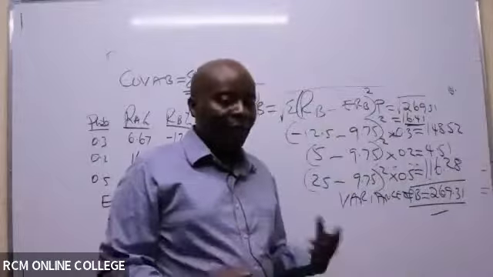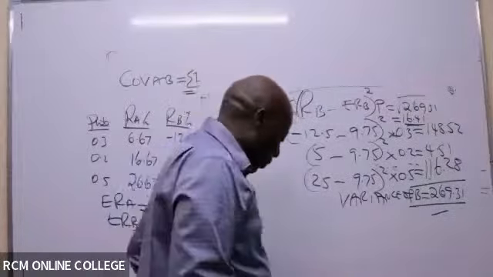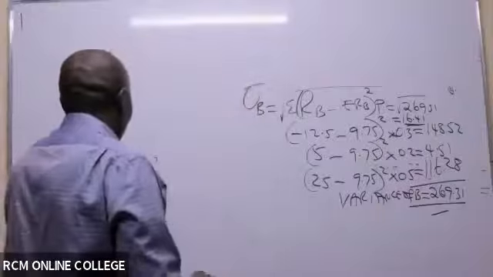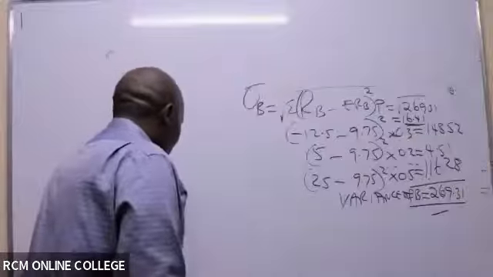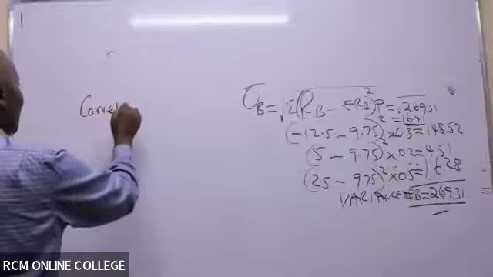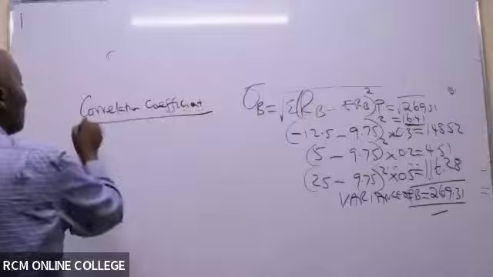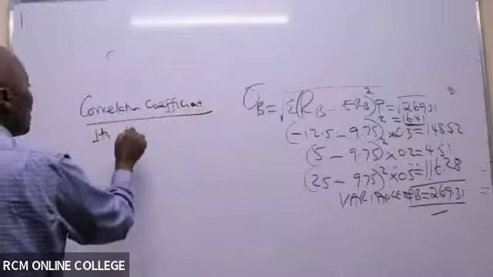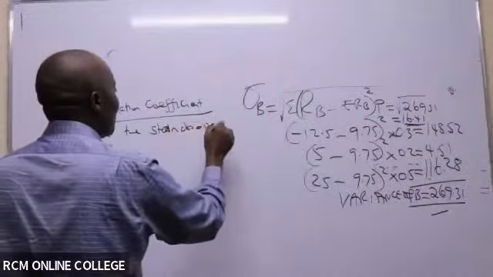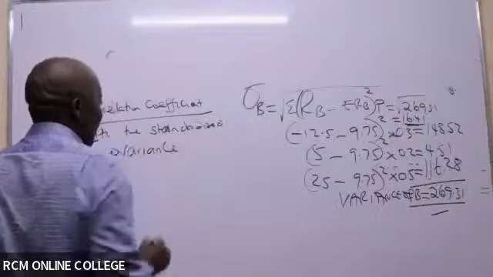So now we are done. What we need to do is to come and give our examiner the formula of correlation coefficient. The correlation coefficient is the standardized covariance.